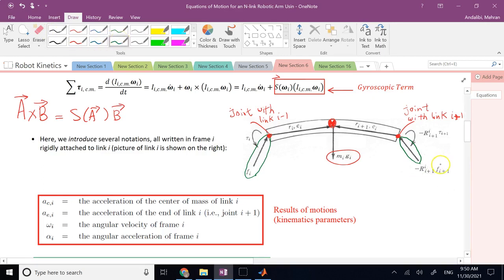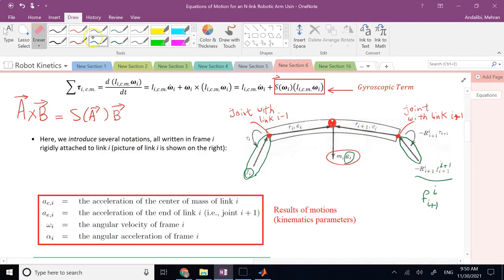So when I multiply it by rotation of I plus 1 in I, it is like I'm bringing that force Fi plus 1, but writing it in frame I. Because everything here has to be written in frame I. That's why you see Gi, Fi. Every force, any torque has to be written about the axis of frame I. That's why I multiplied. And you might say, what is that negative doing?